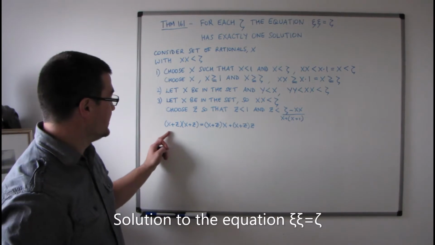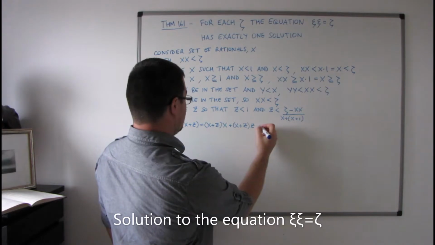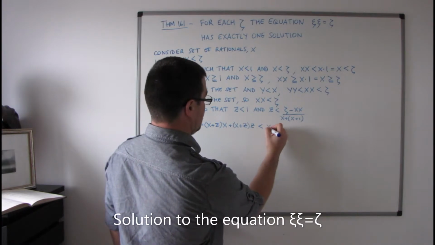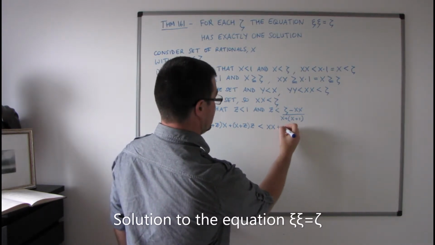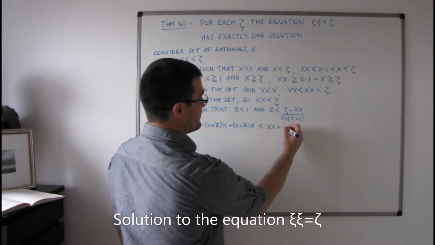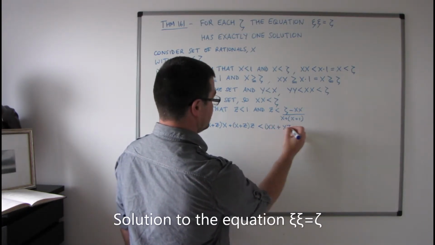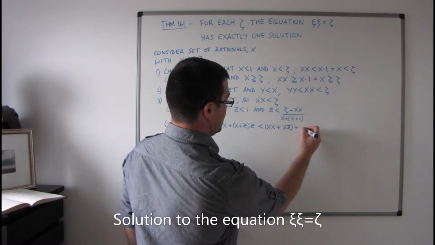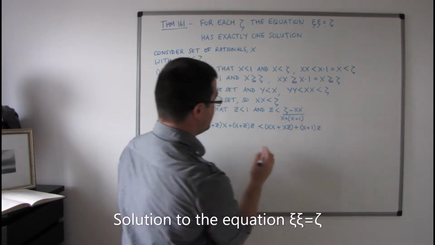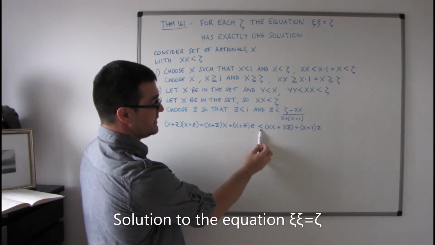So that's just using the distributivity, which is less than x times x plus, strictly speaking it will be zx, but I'm going to write it as xz plus x plus 1 times z, since z is less than 1, so that's where this inequality comes in.